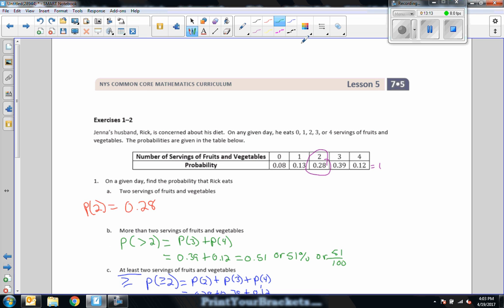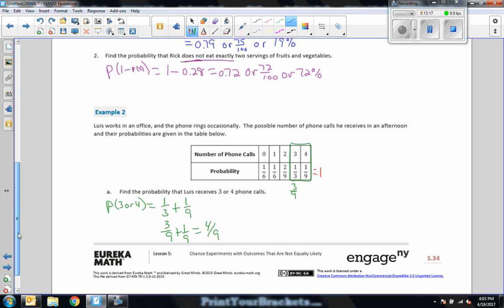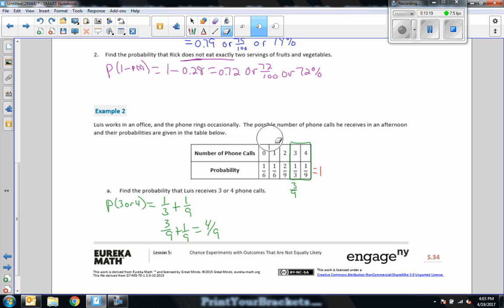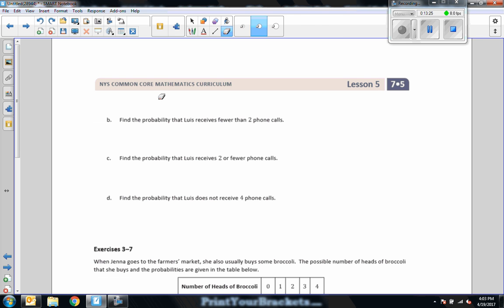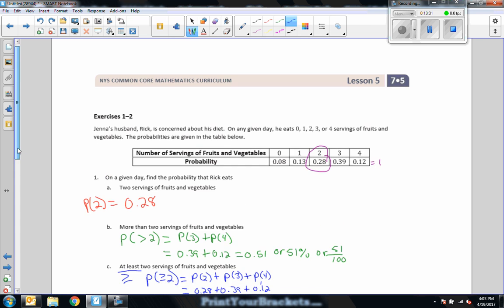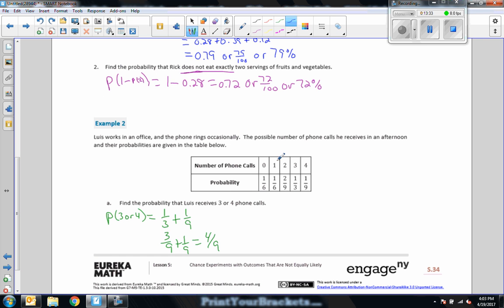B. Oh, I love it when they go to the new page. Fantastic. Alright, so now we have to work with this same table and go back and forth answering questions. Now it says to find the probability that Luis receives fewer than 2 phone calls. Fewer than 2 is 0 or 1, and they're both 1/6.